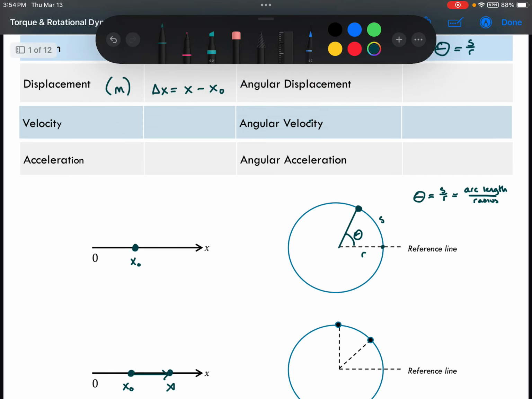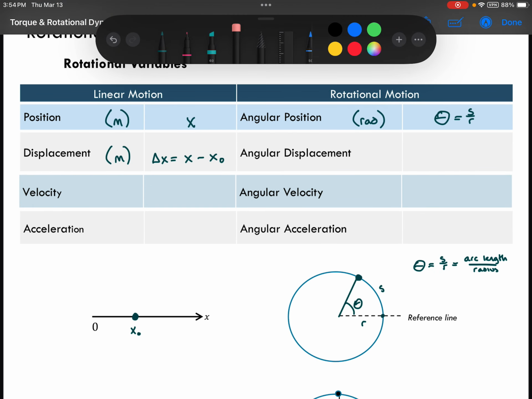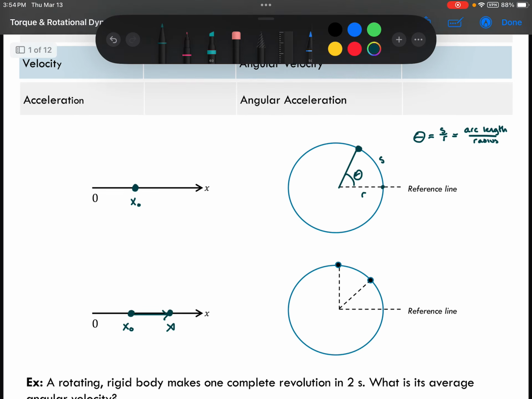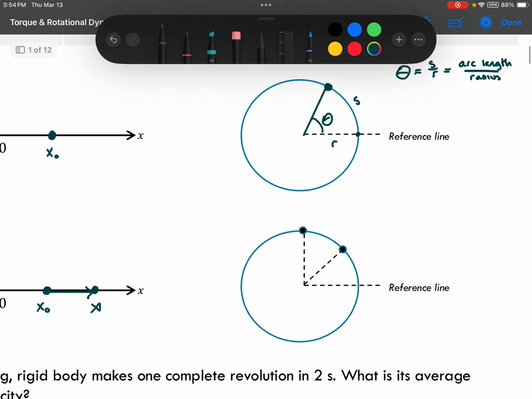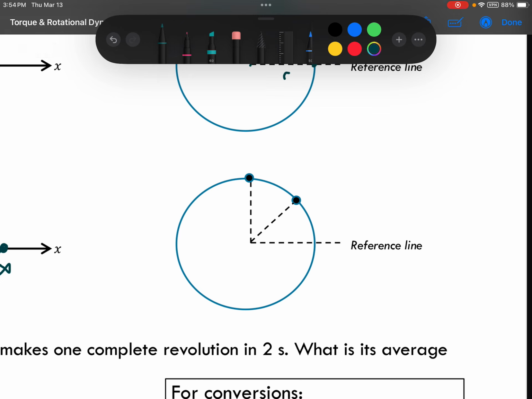For our rotational motion, we're going to have a similar idea. We have angular displacement, so the change in the angle between two positions. If we say this initial angle over here, we can call this theta naught. And then between where it started to where it ended, this large angle we're going to call theta.